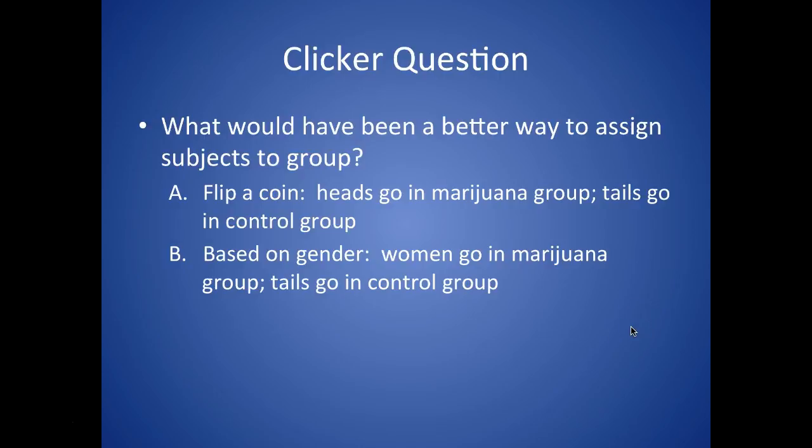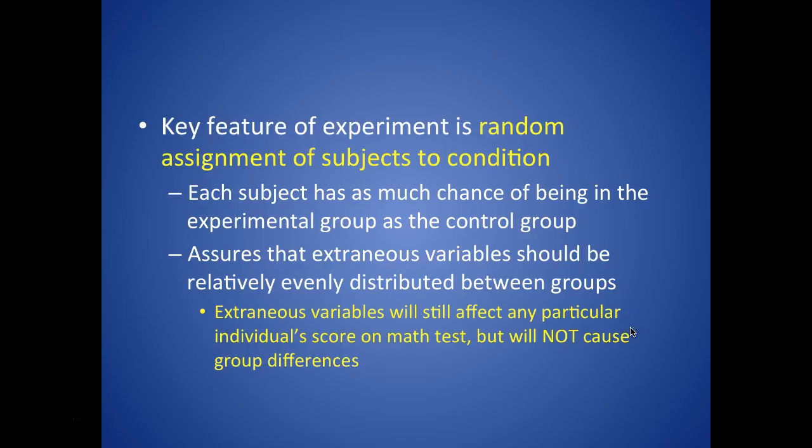So you have random assignment to the two groups, and by chance any single subject will end up in one group or the other, which evens out the effects of the extraneous variables. Again, they call this random assignment of subjects to conditions.